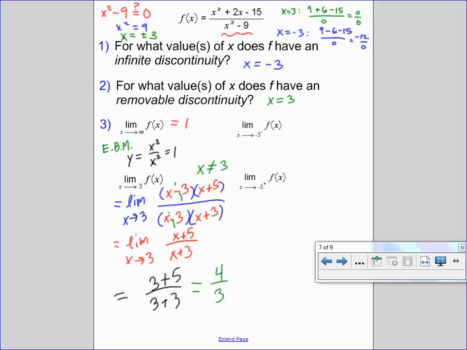As x approaches -3, but from the left-hand side, I know as x approaches -3, that's infinite. So to determine which it is, I can do a sign test, right? Let's go ahead and do my sign test now. I'll plug into x plus 5 and x plus 3, approaching -3 from the left. Those are values like -3.1, -3.01.